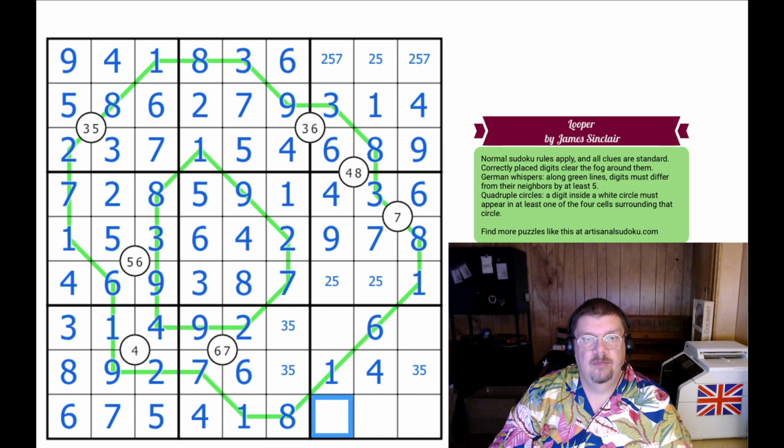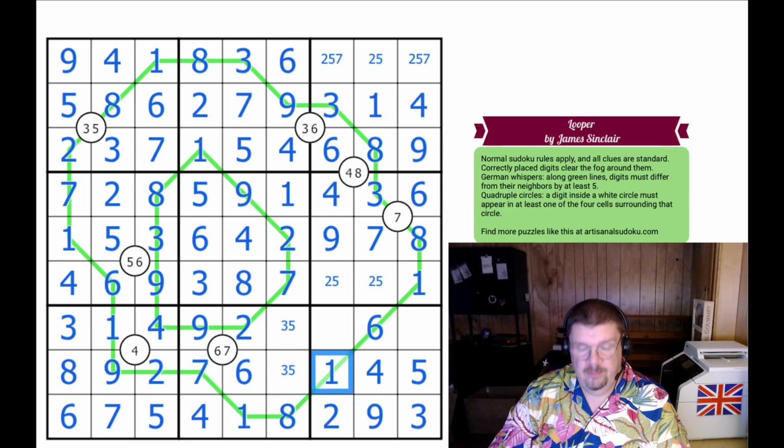Right, what am I missing from this row? 2, 3, and 9. Okay, by sudoku, that must be the 3. And then that's the 9, and that's the 2, making this a 5, this a 3, this a 5.